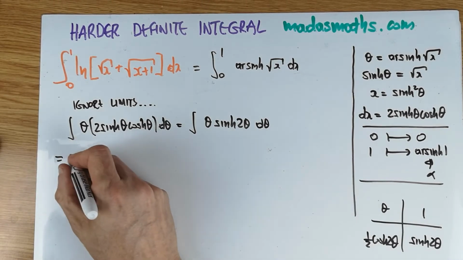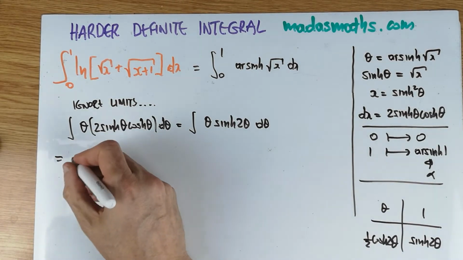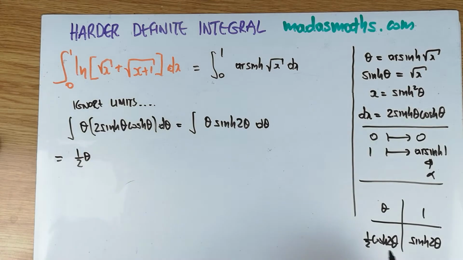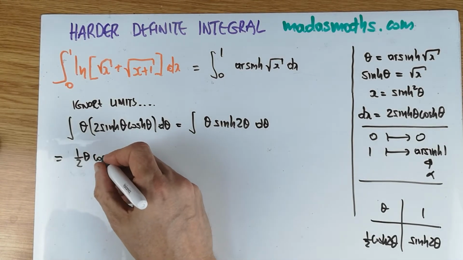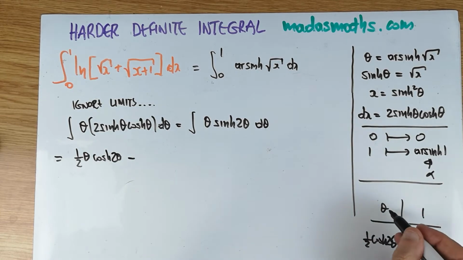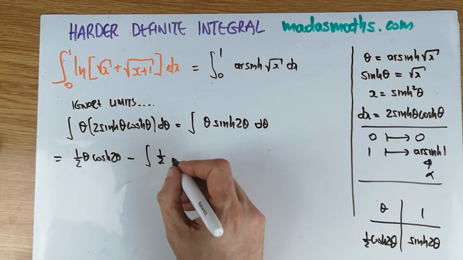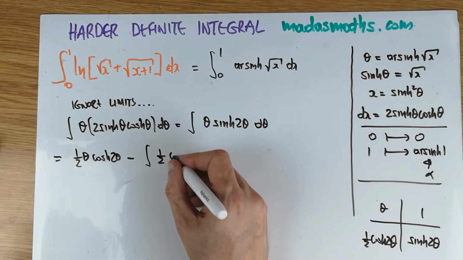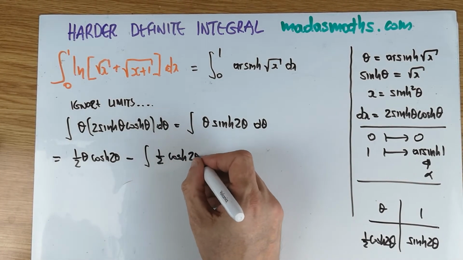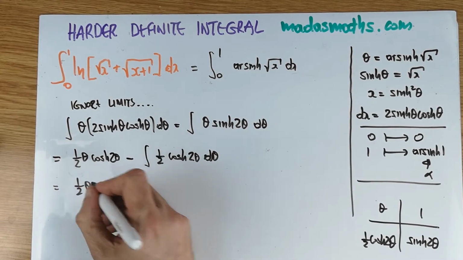And the integration, of course, is the product of that. So that's half theta cosh 2 theta, the product of that integrated, minus the integral of a half, this diagonal here, cosh of 2 theta d theta.